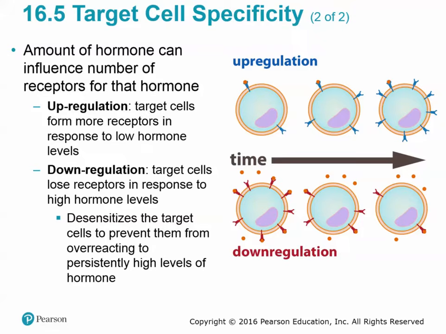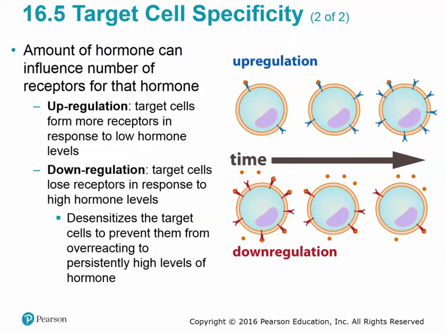With upregulation, target cells are going to form more receptors in response to low hormone levels. So there aren't as many hormone molecules available, and they're trying to increase their chances of potentially catching one. We do that by increasing the number of receptors we have available.